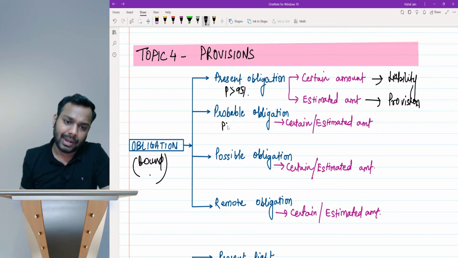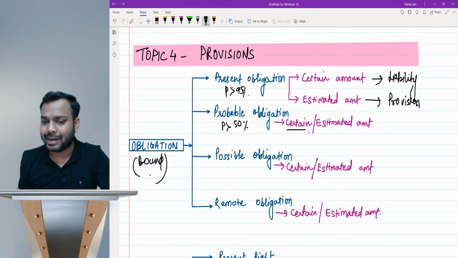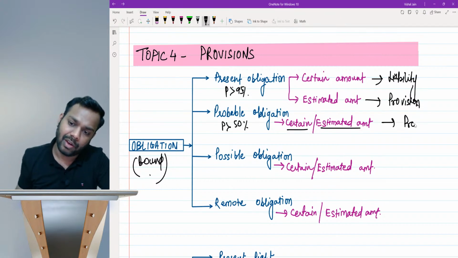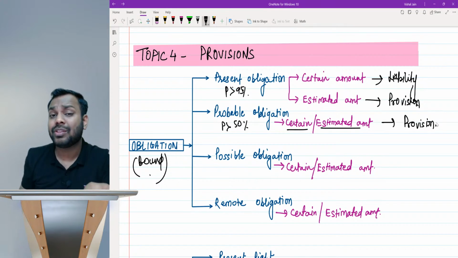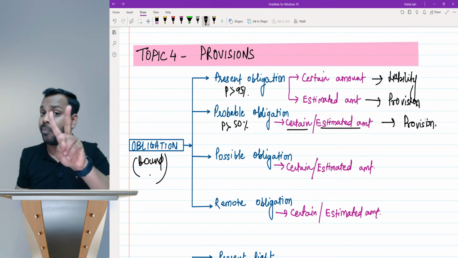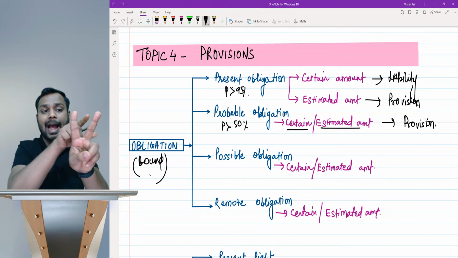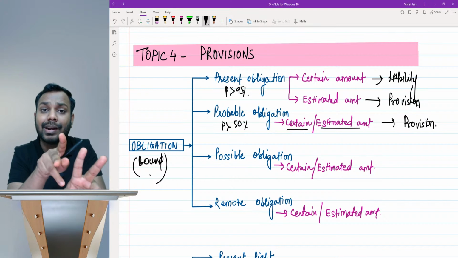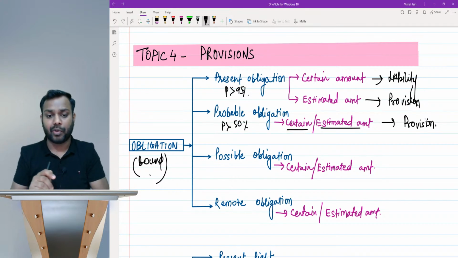Probable means probability greater than 50%. If the amount is certain or the amount is estimated, in both cases it will be a provision, because the happening of the event is not certain, it is probable. If both the happening of the event and the amount are certain, it is a liability. If either of them is not certain, it is a provision.